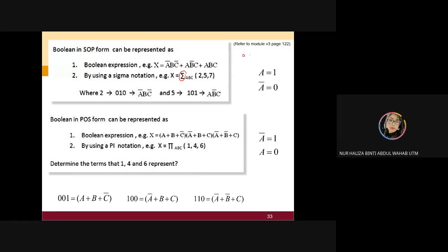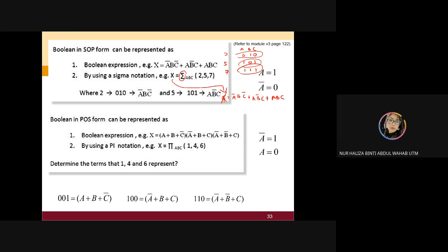You have 0, 1, 0 for 2, 1, 0, 1 for 5, and 1, 1, 1 for 7, for A, B, C. How to represent this? For the first you get A bar, B, C bar. Second, you get A, B bar, C. Third, you get A, B, C. And this is your output X.